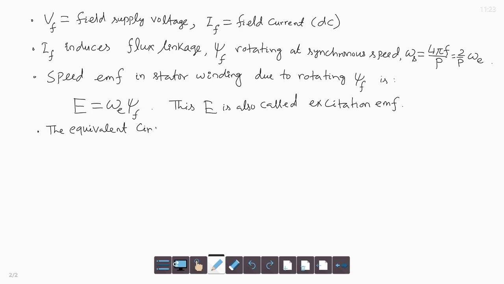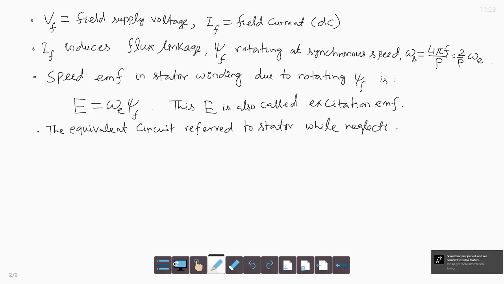Now, the previous equivalent circuit which shows stator and rotor separately, now we will refer the rotor to the stator side. So, the equivalent circuit referred to stator we will show, and we will neglect core loss.